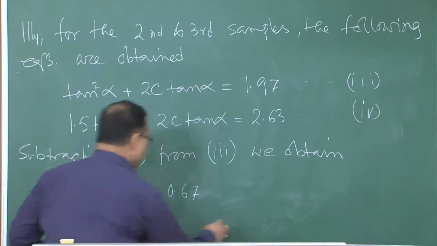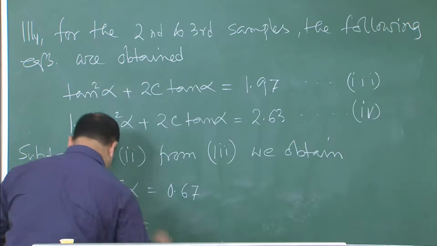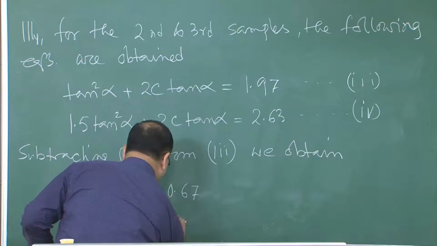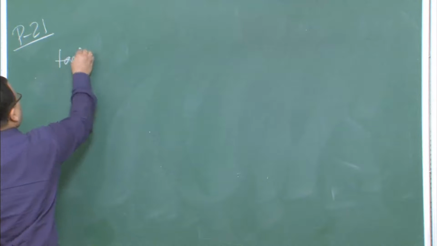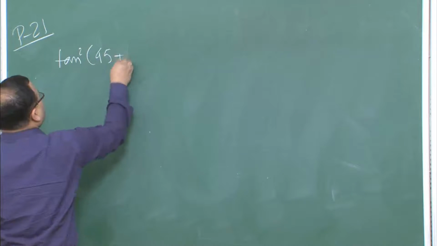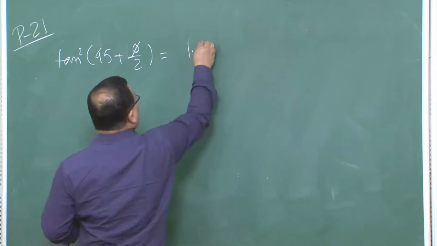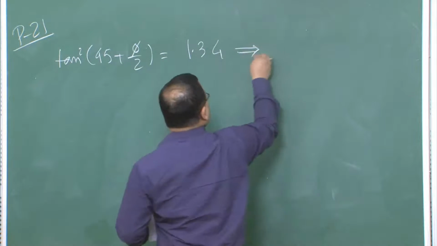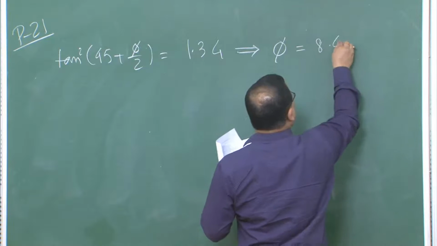So, therefore, tan square alpha is equal to 1.34, which I can write as tan square of 45 plus phi by 2 is equal to 1.34, and from which I get phi is equal to 8.4 degree.